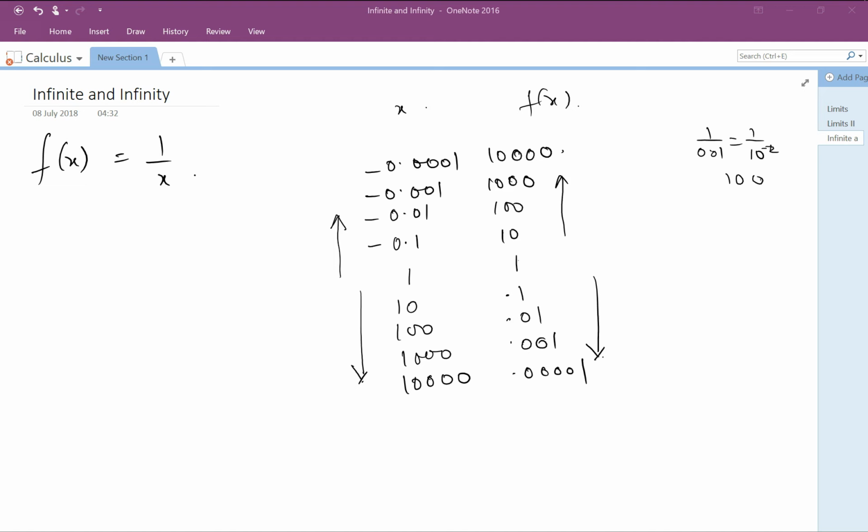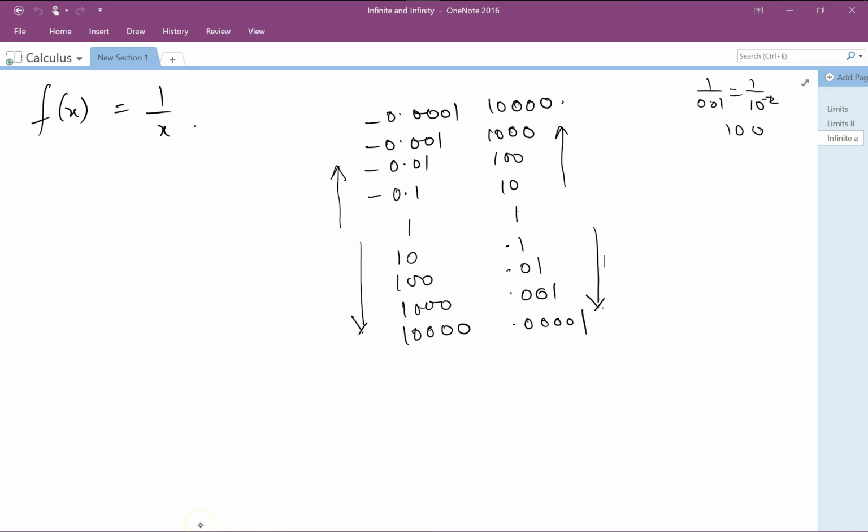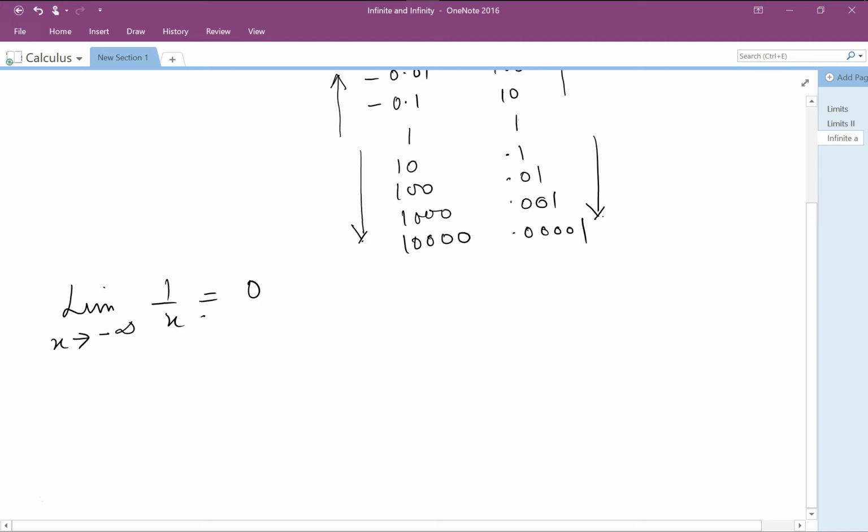So let's look at how we define some of the limits for this. Limit of 1 by x as x approaches negative infinity. That means it becomes smaller and smaller and smaller. So remember, it gets closer and closer and closer to 0. Limit as x approaches positive infinity, 1 by x becomes again 0.